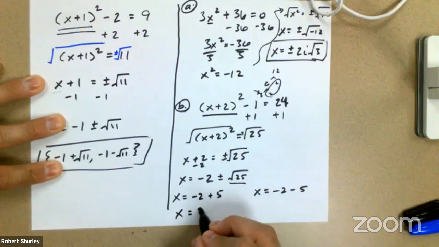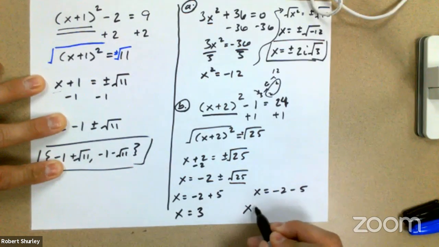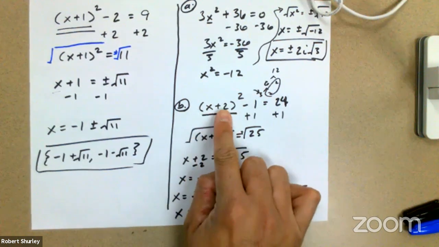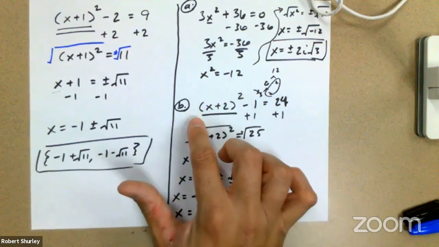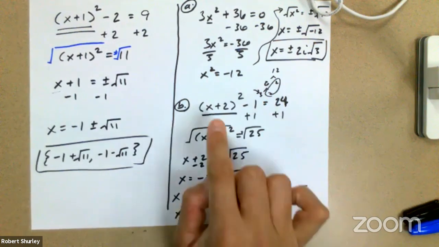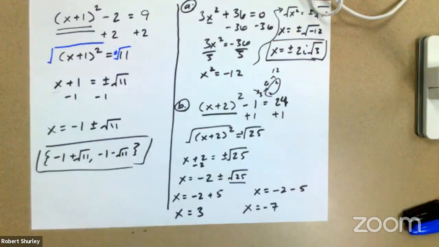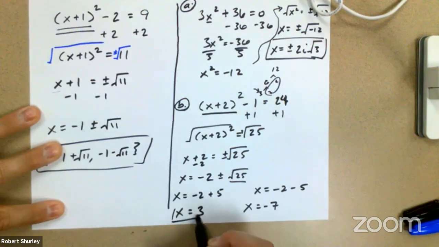So negative 2 plus 5 is 3. Negative 2 minus 5 is negative 7. These are a lot easier to check your answer if you just want to. If you put 3 in, 3 plus 2 is 5, squared 25, minus 1, 24. Negative 7 plus 2, negative 5 squared, 25 minus 1, 24. So they both check out.